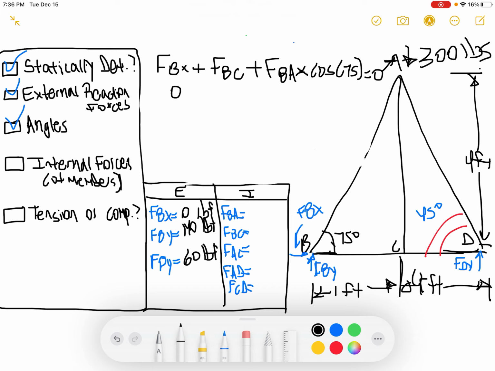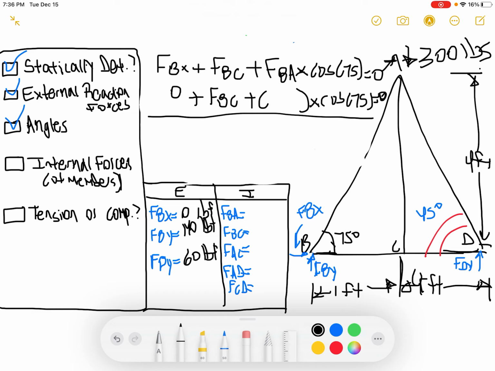We already found that out. FBC, we don't know. FBA, we don't know. And the cosine of 75, we could know it if we solved for it, but we're going to leave it like that for now. We can't do anything. Remember what I said, when you don't know something, you move on to the next step.